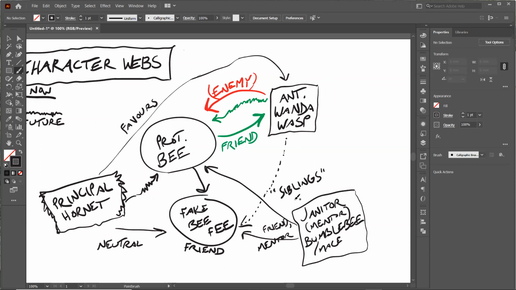I like that idea. There could be this drone bee who's very strict about the rules, and he would be the straight man in the comedy duo. His name would be Dan, of course, Dan the drone, or Danny.